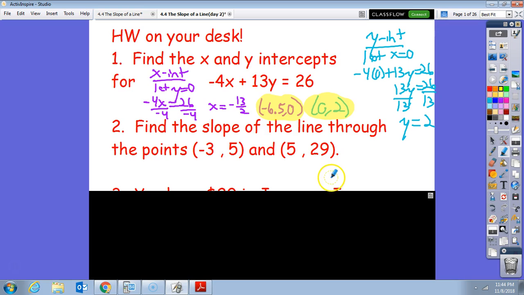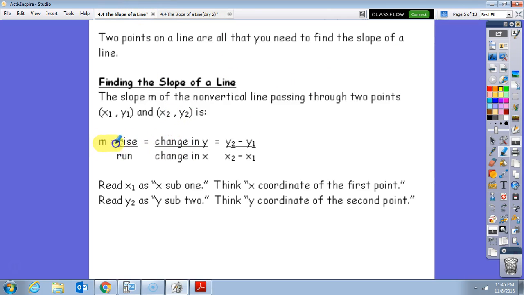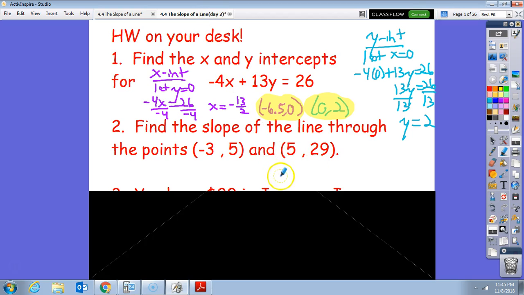Or I could even go into something we talked about last time, how these 2 points could be used to find something called the slope of a line. We talked about the rise over run, the change in y over change in x, y2 minus y1 over x2 minus x1. It tells me what the line is doing across the graph.